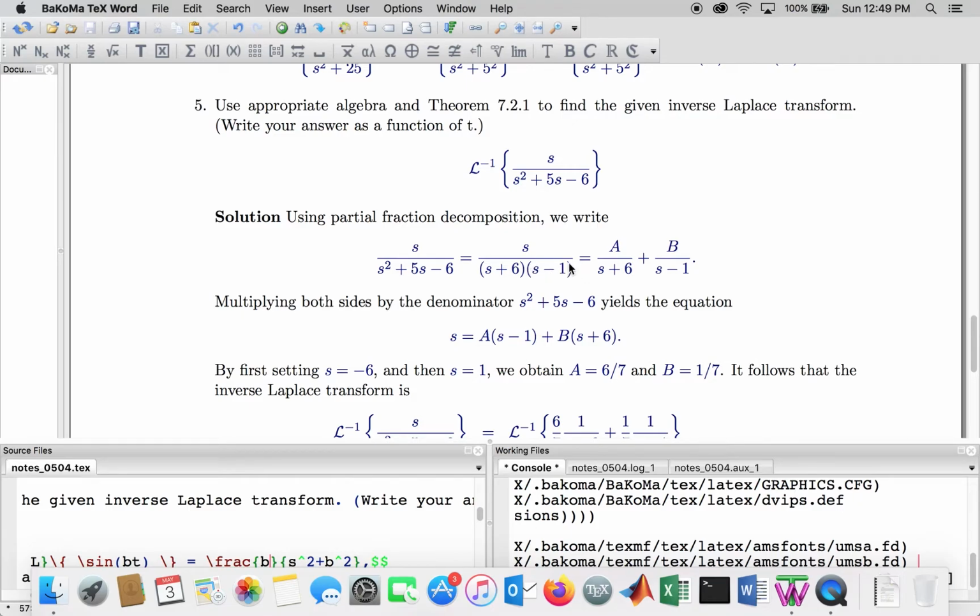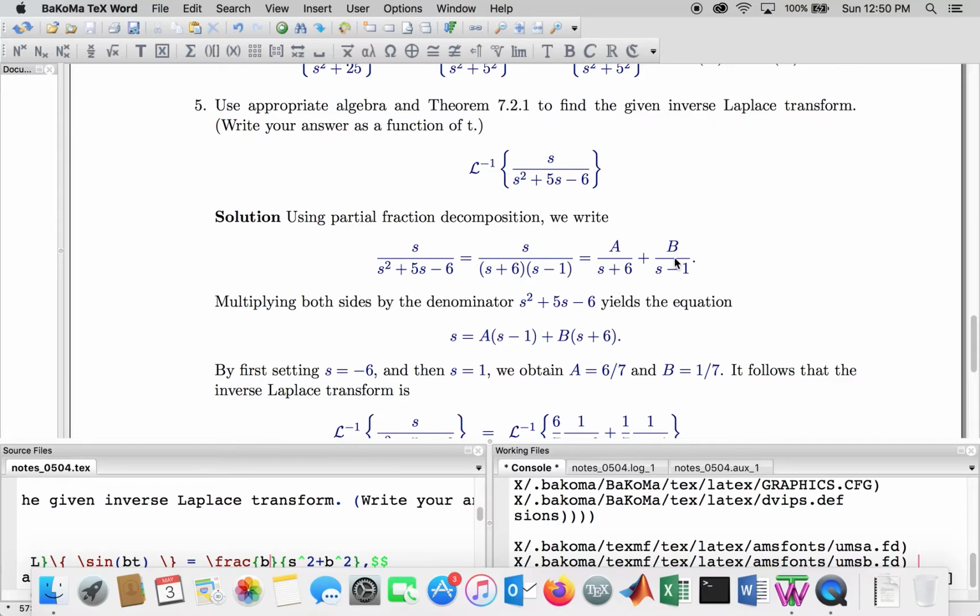And the form of that will be constant over this factor plus another constant over the other factor. Now, here we have linear factors, so the numerators will be constants. If you have an irreducible quadratic, like s squared plus 4, for instance, that can't be broken up without complex numbers, which we want to avoid, then your numerator would be a linear function. But here it's just constants.